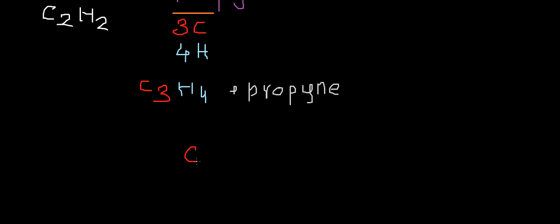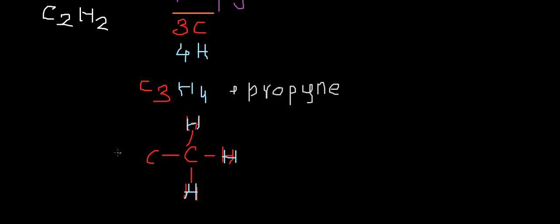So C, and now it will get 3 hydrogen atoms to satisfy its valency. It is sharing one electron with this carbon and one electron with each hydrogen atom. I will mark the hydrogen atoms with blue. Getting a little shabby, sorry for that.